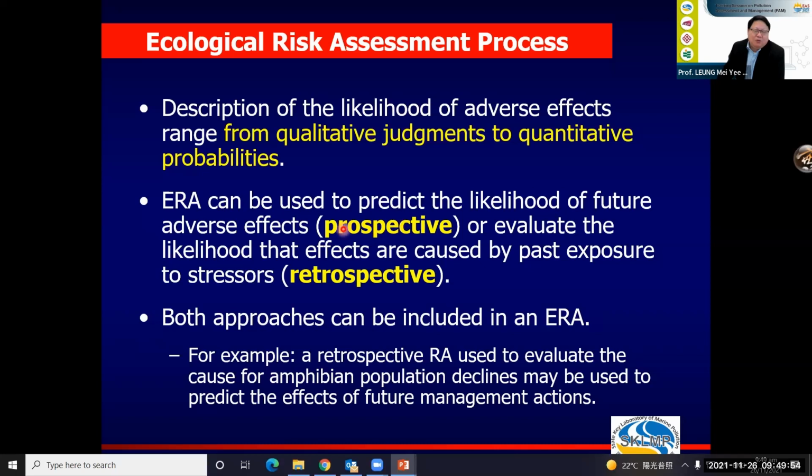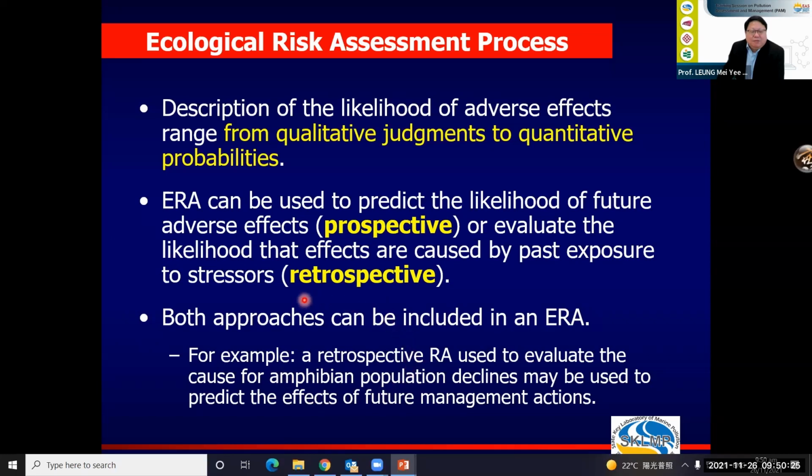Based on all available information, we judge whether there is a causality, the crisis or the damage of the environment actually linked to the discharge of that stresses. So we do it retrospectively, just like a detective policeman to go to crime case and then collect information to find the causality.